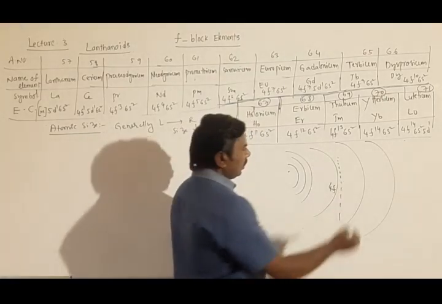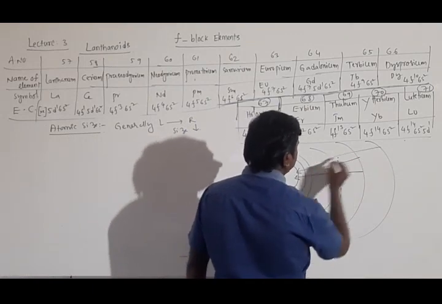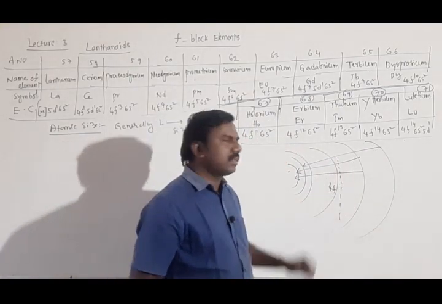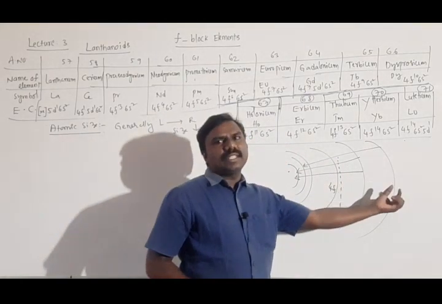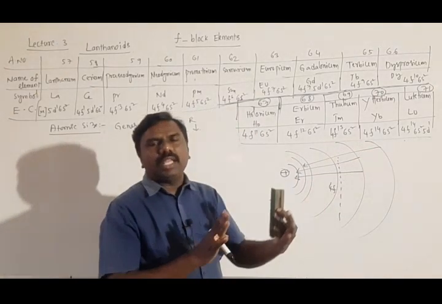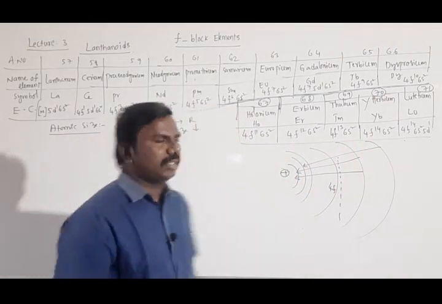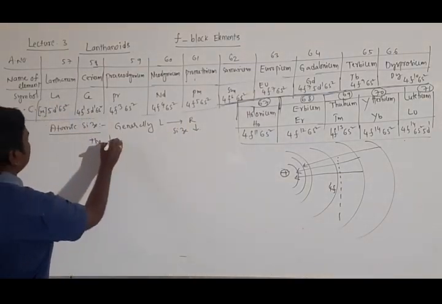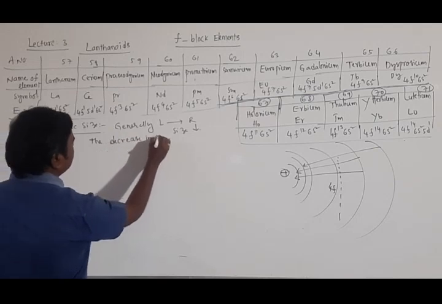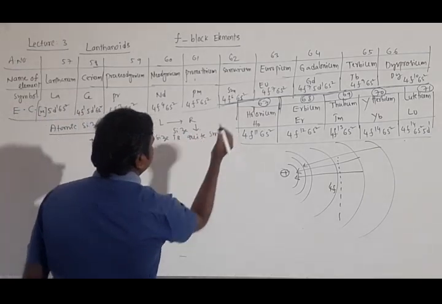Then obviously these electrons are attracted towards the nucleus. Due to imperfect screening or shielding of 4f orbitals, the outermost 5d and 6s electrons are attracted towards the nucleus, then size steadily decreases, very little decrease.